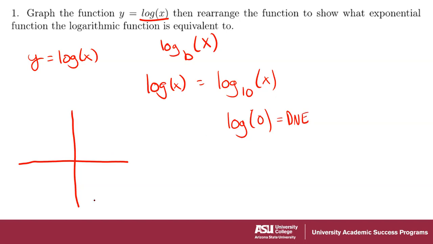And when we look at the graph, if we plug in a 1, we're going to get 0 back. So here's 1, that's where we cross the x-intercept. And we're not going to have a y-intercept. It's just going to keep decreasing forever, but never reaching 0.